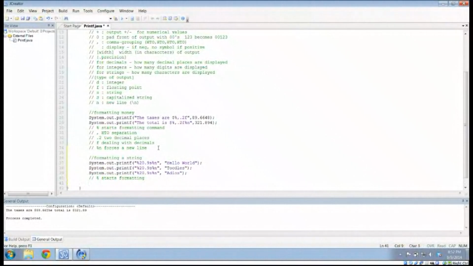Remember that percent starts the formatting, and then I've got this 20, so I'm going to have a space of 20 characters to write output.